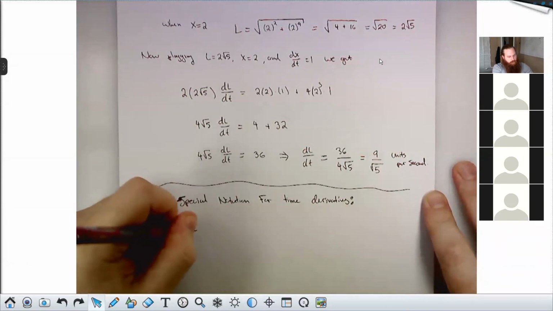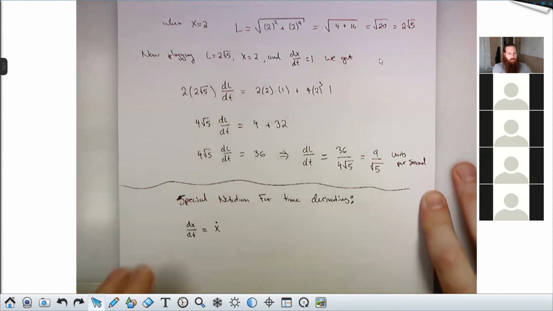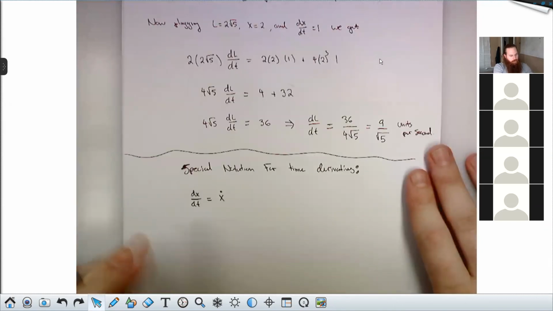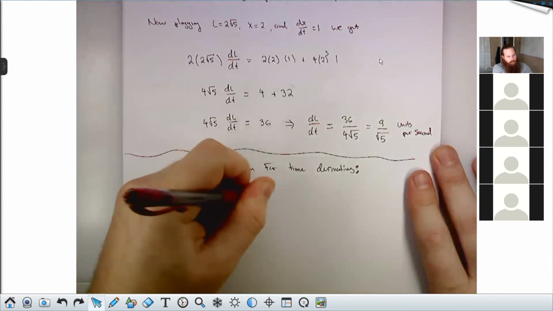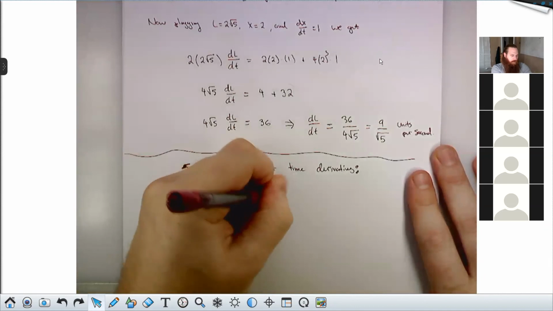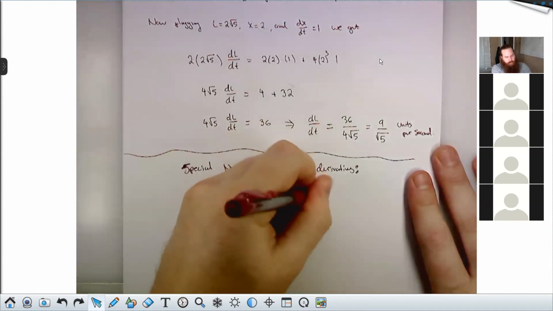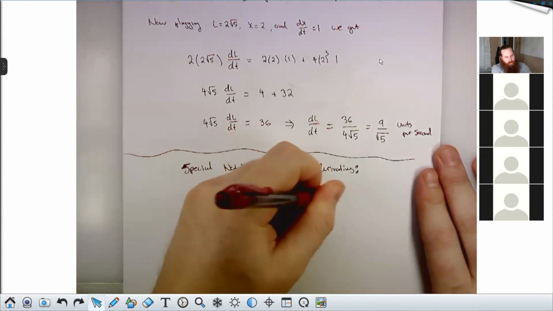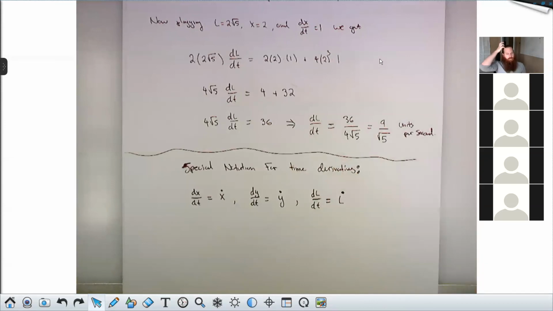Instead of writing dx/dt, you can just write x dot, and the dot goes over the top. Or dy/dt: if you don't like writing that, you can write y dot. For example, in that last problem, instead of writing dL/dt, I could have written L dot. This is a pretty standard and globally acknowledged notation for derivative taken with respect to time.